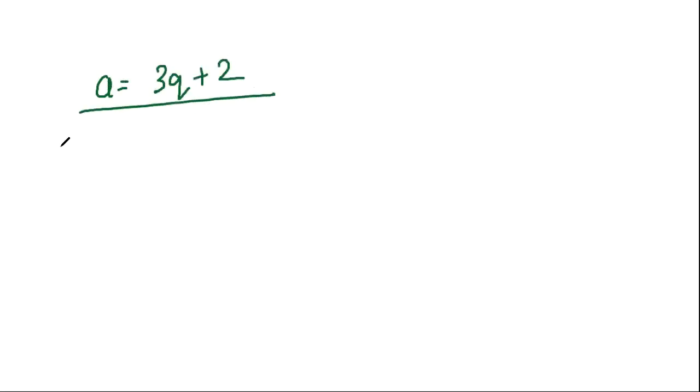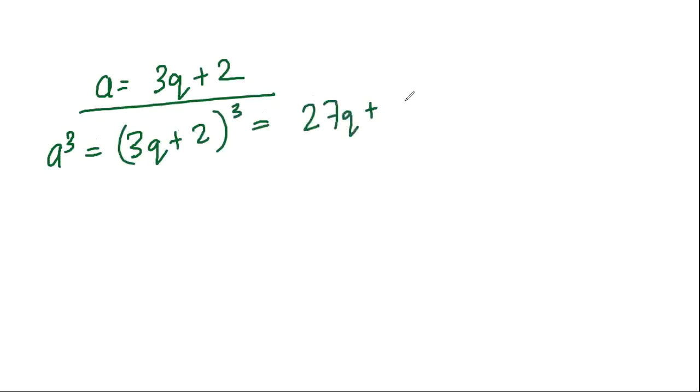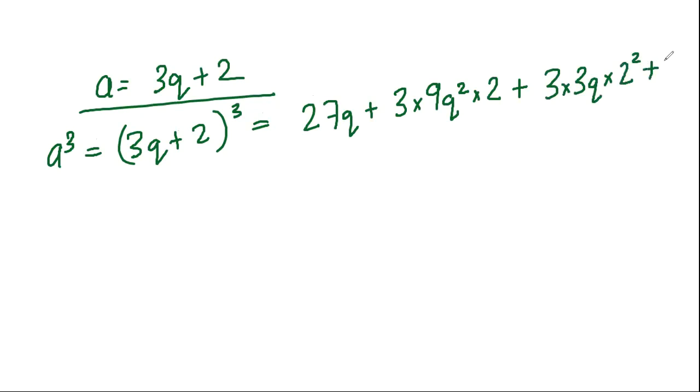Then we will get a cube is equal to 3q plus 2 all cube. I am expanding this. I will get 27q cube plus 3a square b, plus 3ab square, 3 into a into b square, plus b cube, which is equal to 2 cube.